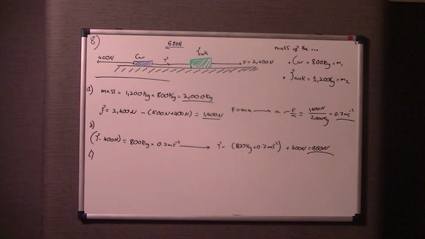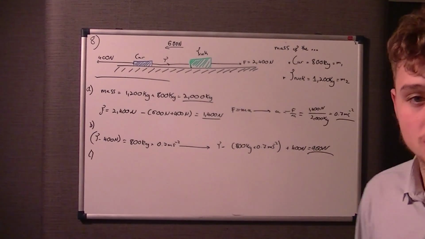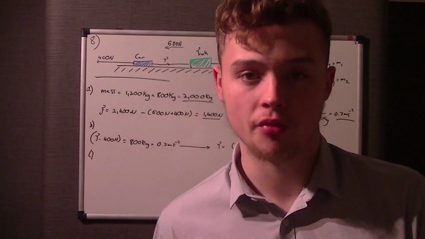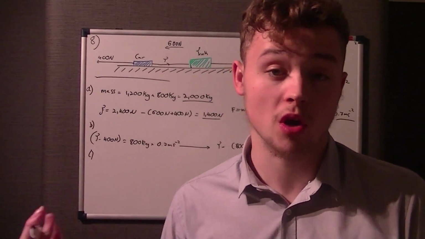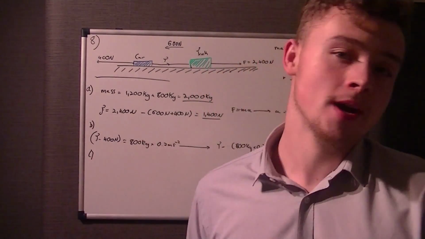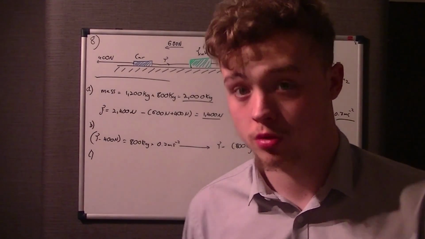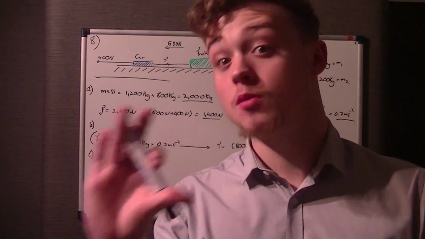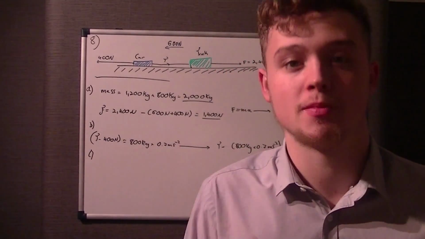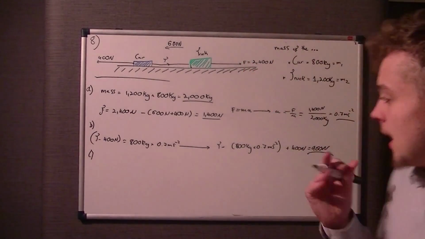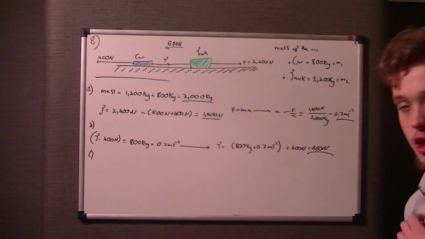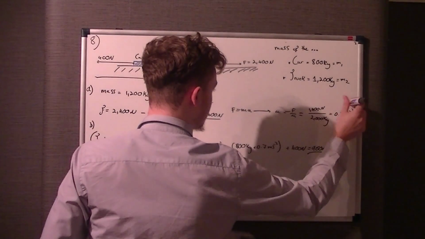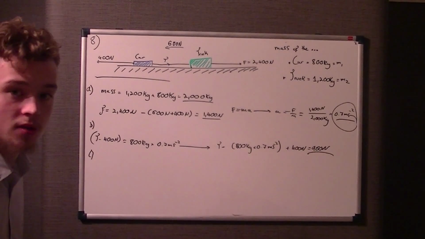We need to work out the acceleration of just the truck, and we already know the acceleration of it being attached to the car with the rope, because that's what we worked out in part A. There's no need to use resultant force equals mass times acceleration again, unless you want to waste some of your life. So the first thing we're going to do is work out the acceleration of just the truck, because we know the acceleration of the whole system was 0.7 meters per second squared.